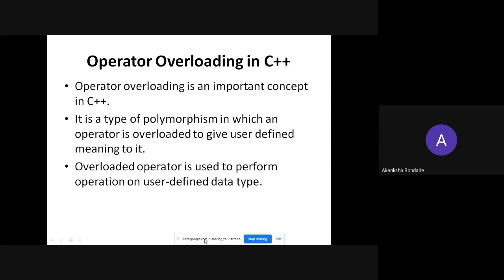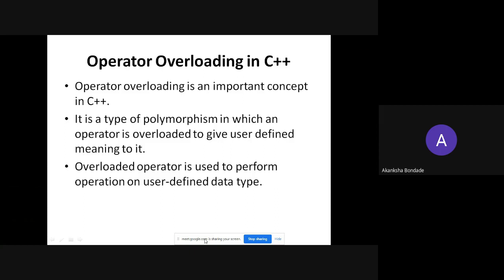It is a type of polymorphism in which an operator is overloaded to give it a user defined meaning. The overloaded operator performs the operation on a user defined data type. What exactly is a user defined data type? It means the user explicitly writes code for performing the operations for that particular operator.